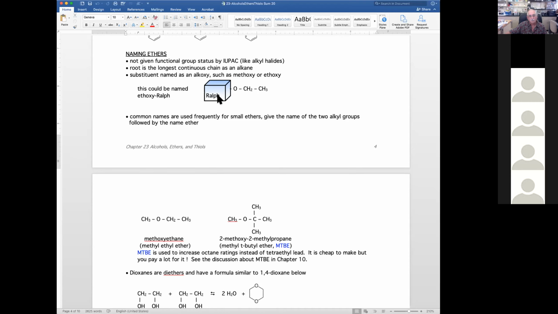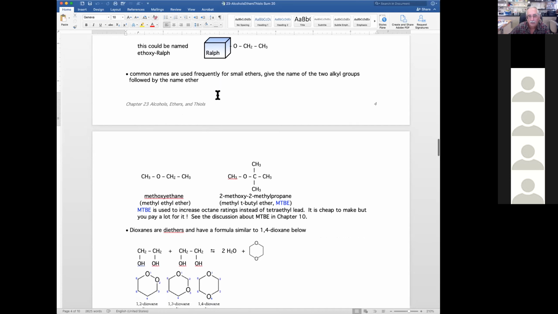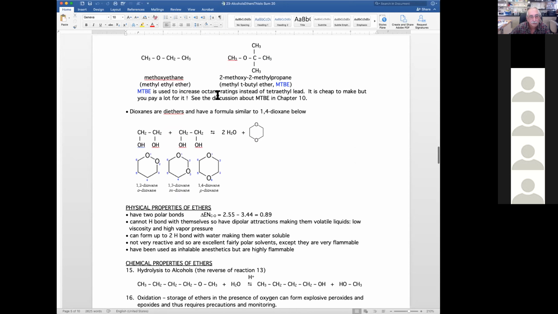And the common names are still used for the small ethers, and you'll see this in a minute. So I'm looking at this one. The longest continuous chain is ethane. So what is the substituent? It's methoxyethane. And in the old-fashioned way, this would be methyl, and this would be ethyl.